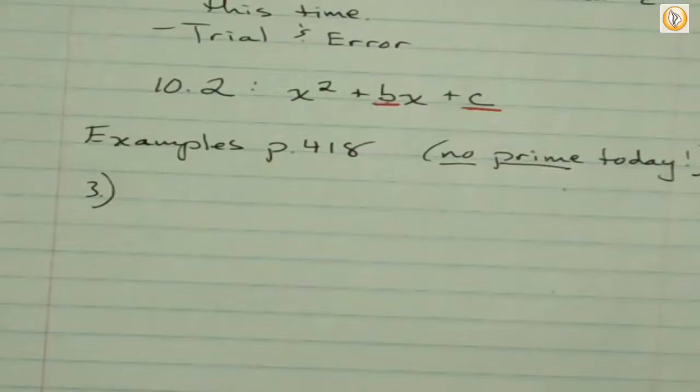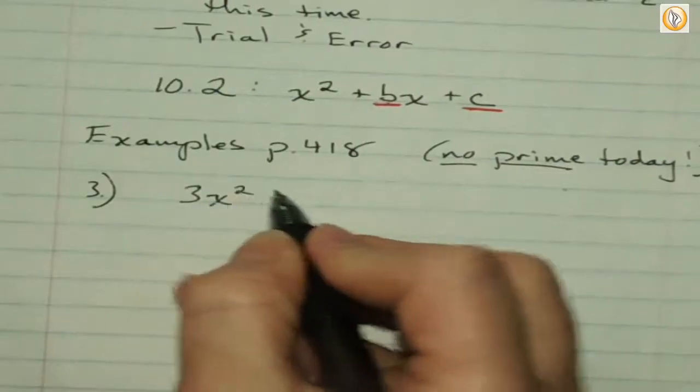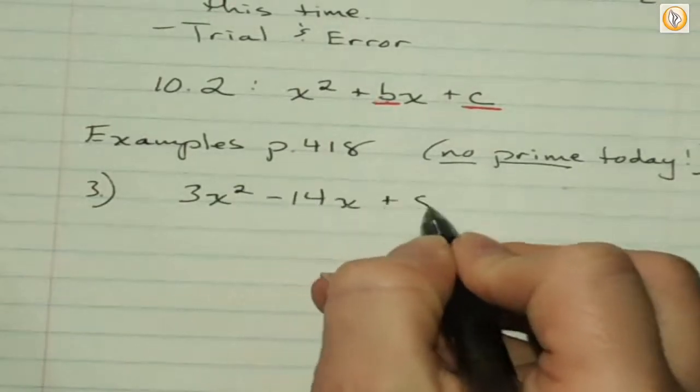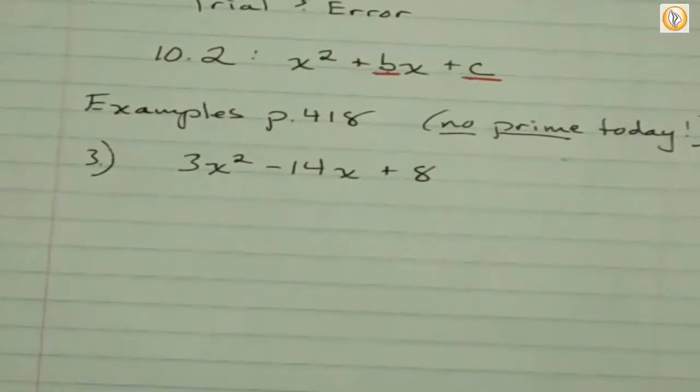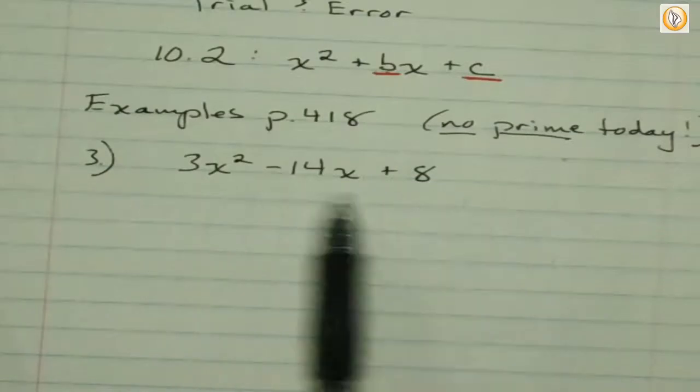All right, number 3. We have 3x squared minus 14x plus 8. Okay, one of the first things you want to do that messed some of y'all up, is there anything that I can take out first?